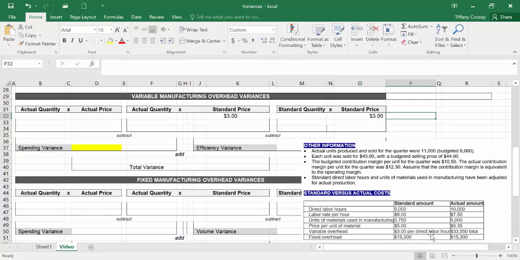And then it says the actual variable overhead was $33,350. And that is a total, so I'm going to put that in here. Then we need to know our actual quantity and our standard quantity.